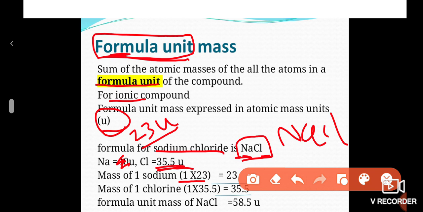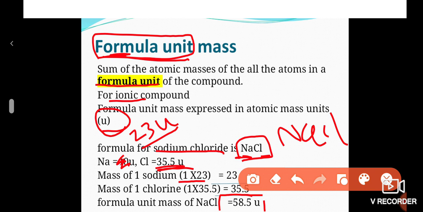So formula unit means the formula contains how many atoms; that is the formula unit. Here Na and Cl, the formula is NaCl. So the mass of the formula unit is the sum of all the atoms of the formula.